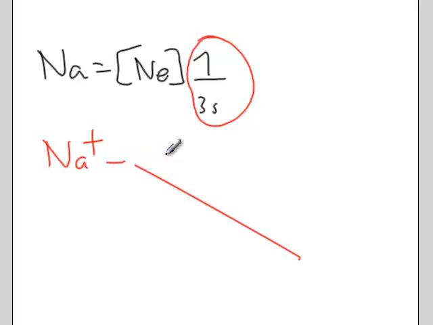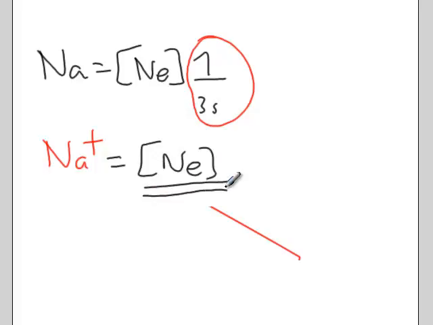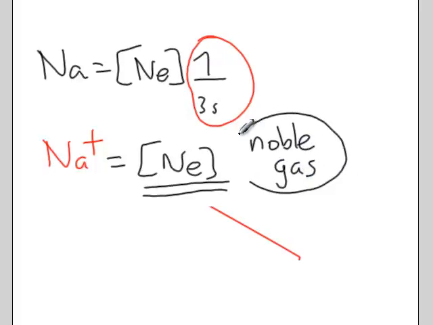So if sodium lost that 1 electron in the 3s, all we would have left is the neon core. And neon core is stable because that matches the stable configuration of noble gases.